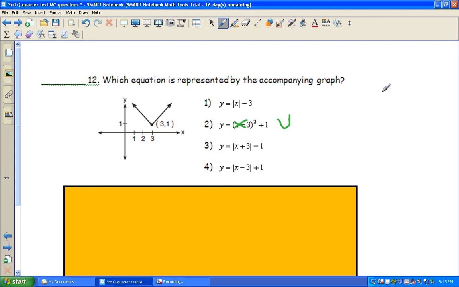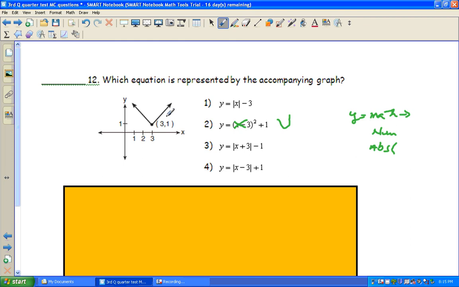So in order to do this one, we're going to type in our calculator y equals, and then we're going to press math. We're going to right arrow over to number. And then we're going to hit the ABS button. Okay? We're going to open the parentheses, and we're going to type x, close the parentheses, minus 3, graph.